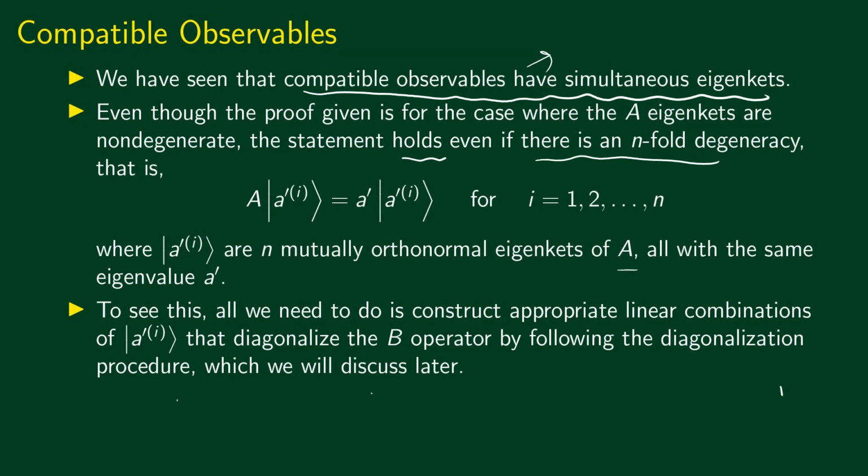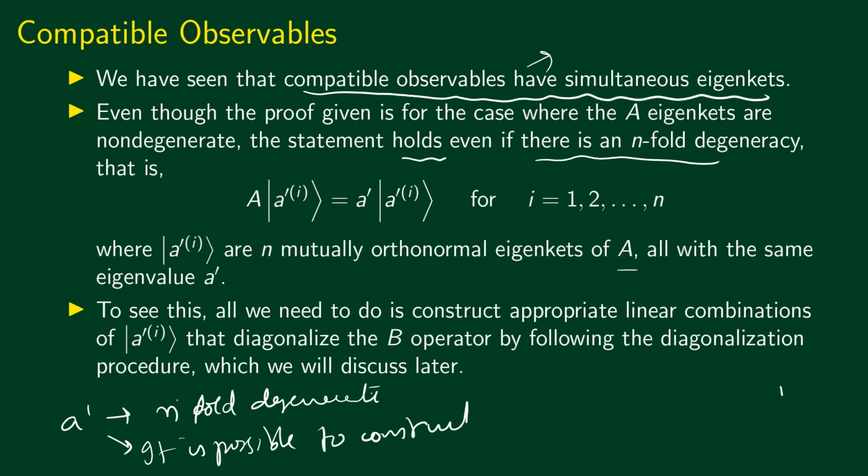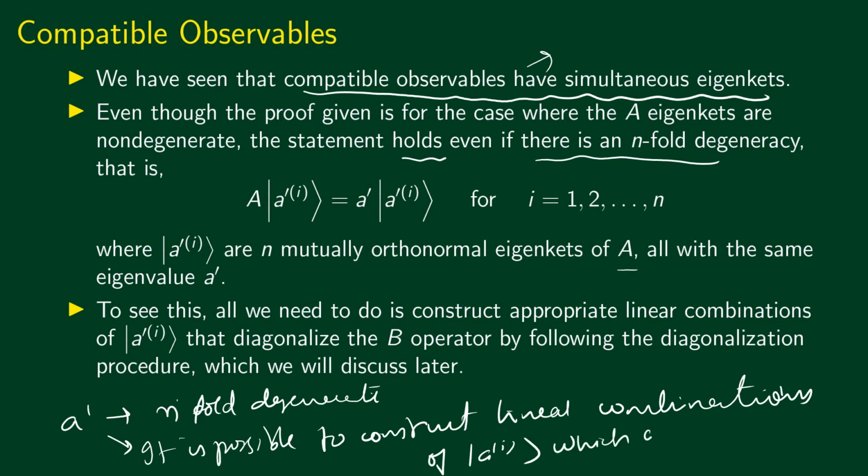This means that if the eigenvalue a prime is n-fold degenerate, then we can show that it is possible to construct linear combinations of ket ai which are eigenkets of B also.